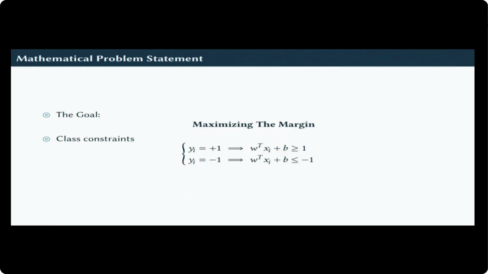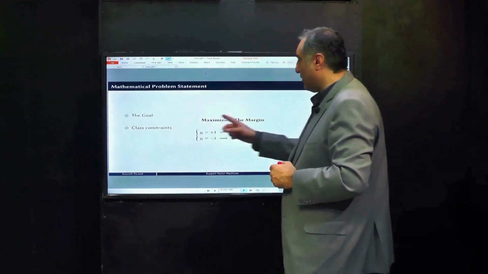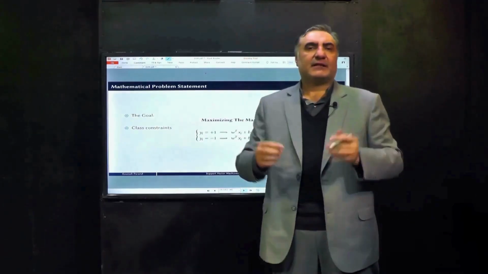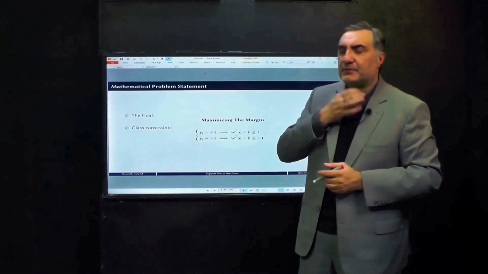Okay. As both of our dear friends correctly pointed out, our main goal is to maximize what? The margin. I'll say it again. Our main goal is to maximize the margin, for which we have already provided the necessary explanations.